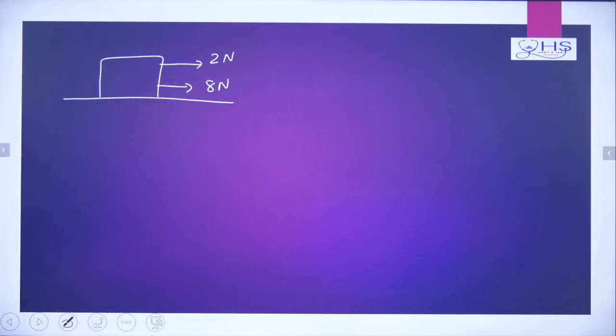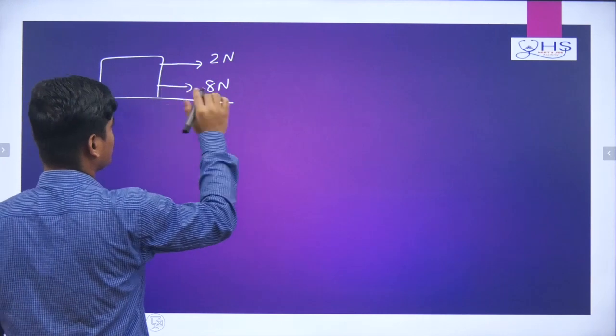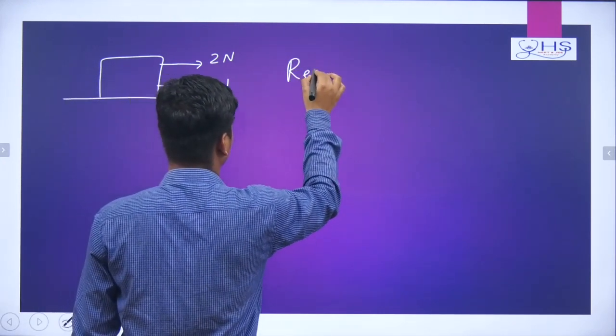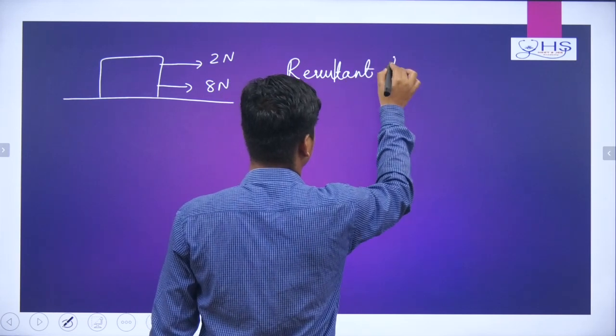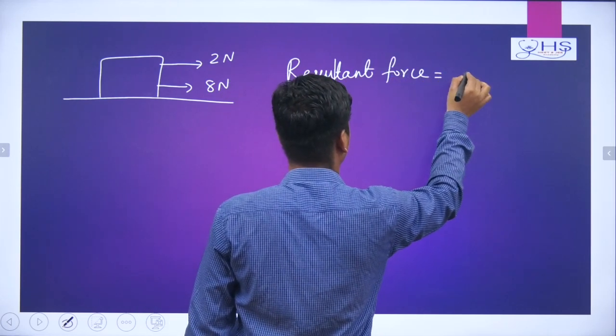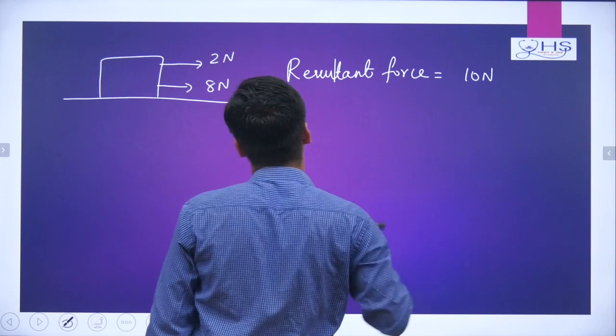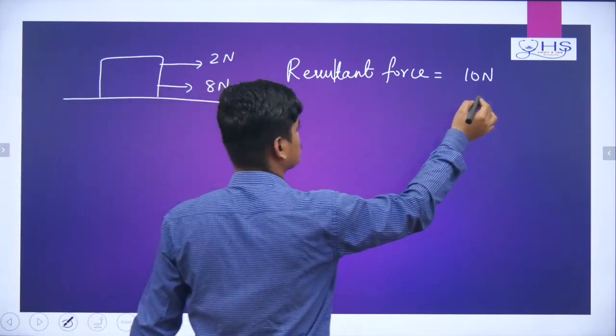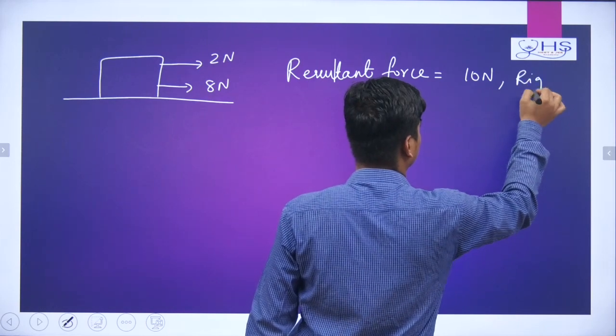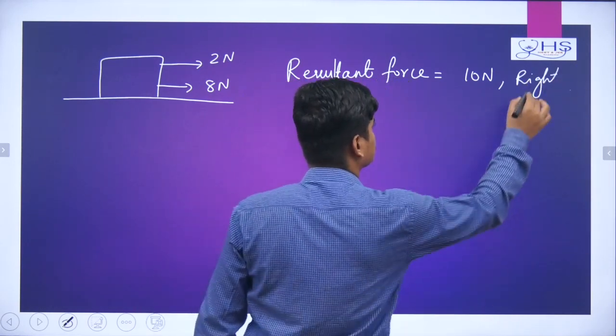Then what is the resultant force? The resultant force will be 10 Newton. And in which direction? See, both vectors are towards the right, so the resultant direction will also be towards the right.